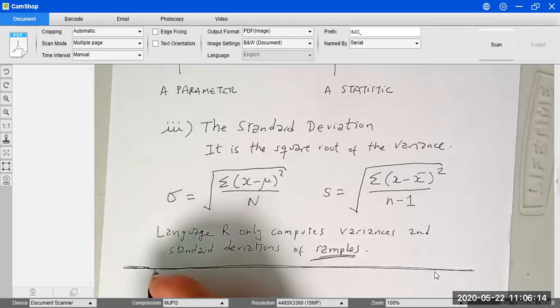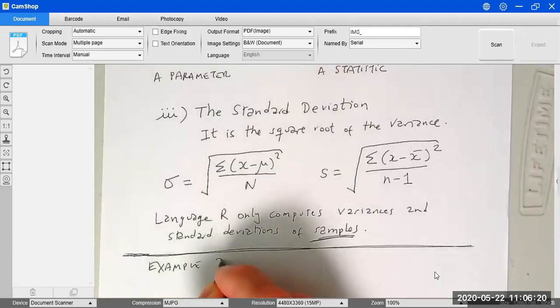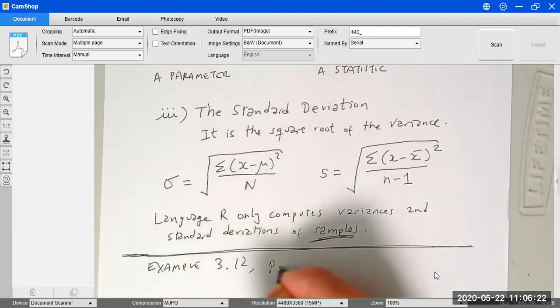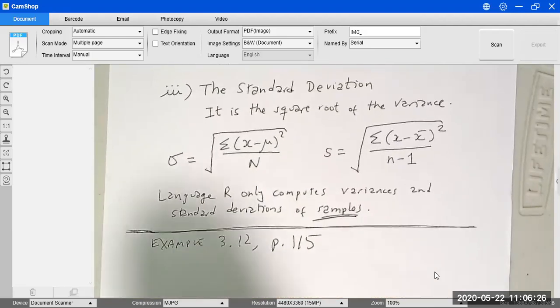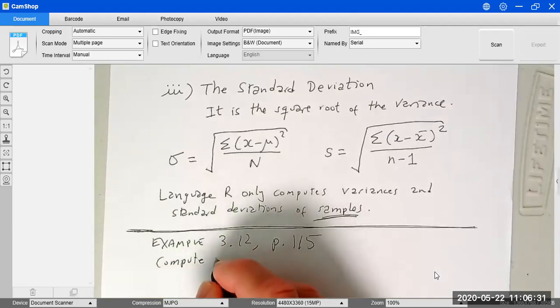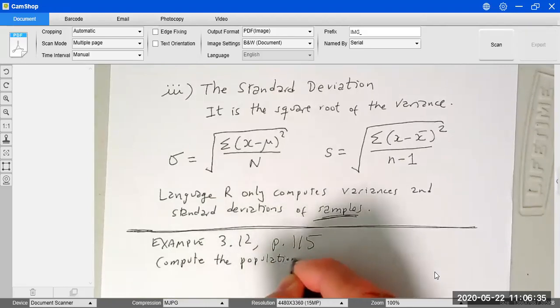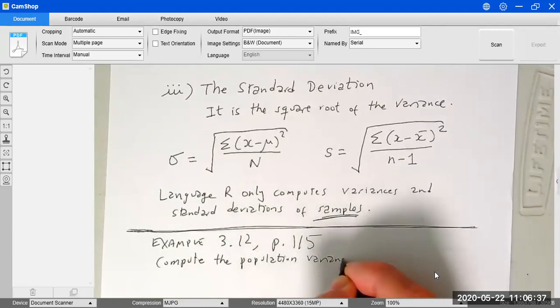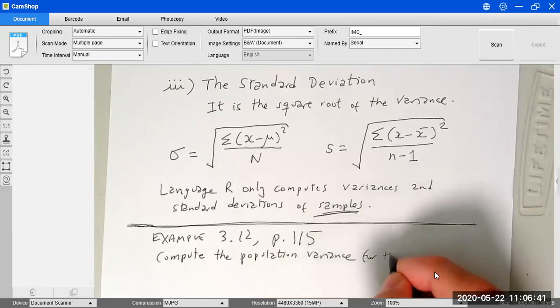So let's continue with example 3.12 on page 115. We're going to compute the population variance for the San Francisco temperatures.